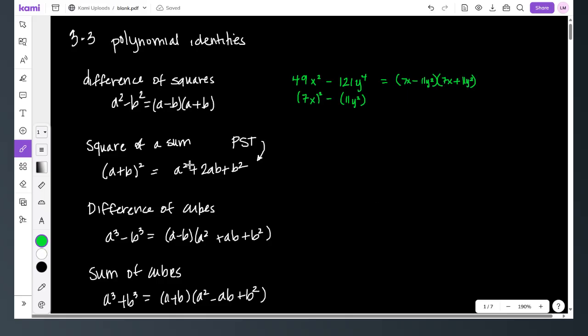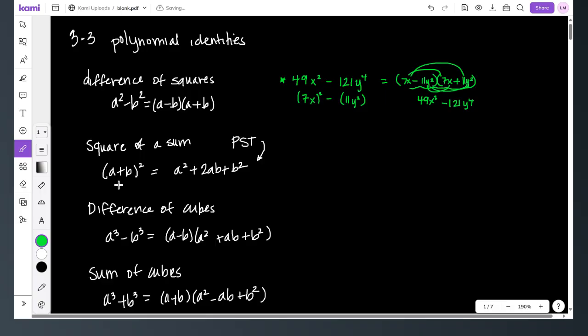Also, going the other way with this, if I see factors like this, I know that it's 49x squared minus 121y to the fourth, because the outside and the inside are going to add to be 0. So you can check that out.